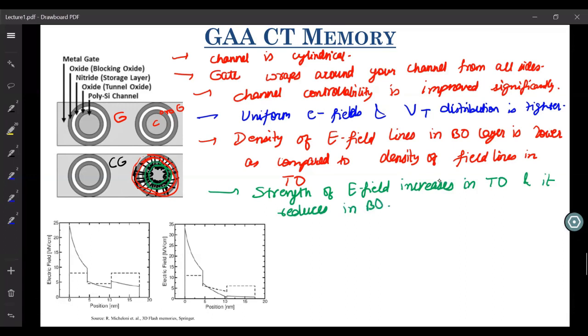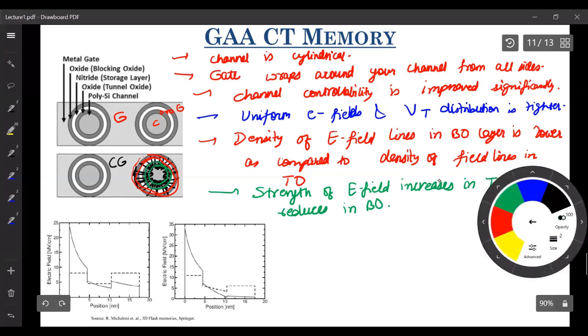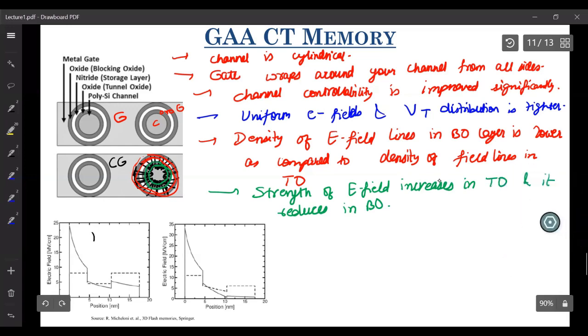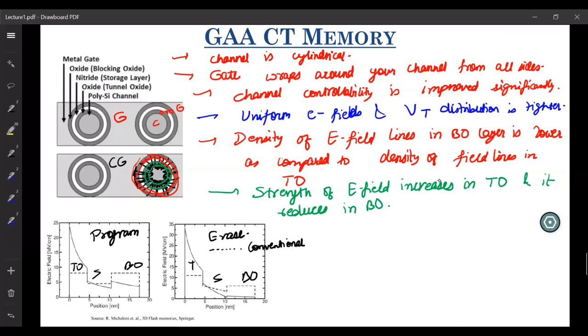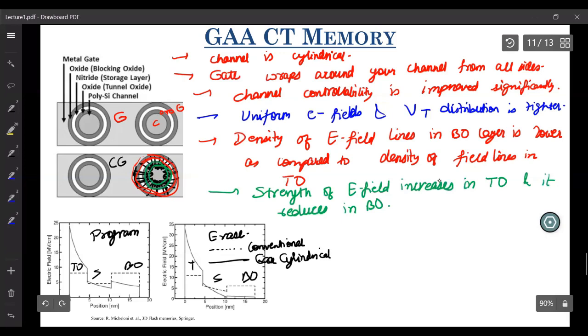And how does this help our cause? Let us look at the different program and erase behavior. Let us look at the electric field plots during program, which is shown here, and erase. During program, we want as high an electric field. This is your tunneling oxide, this is your storage layer, this is your blocking oxide. The dots represent your conventional rectangular channel where the gate is on the top, while this solid line represents your gate-all-around cylindrical CT.